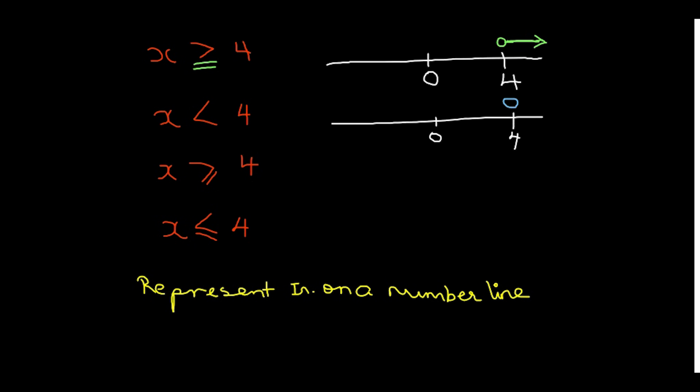There we go. So we put the circle above 4, and then the arrow is moving to the left of 4. So all these wonderful values. So this is x is less than 4, this is x is greater than 4.